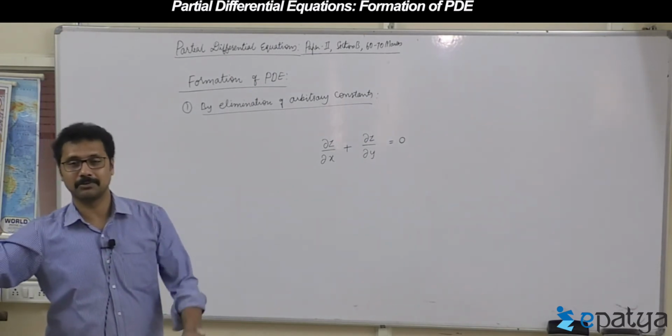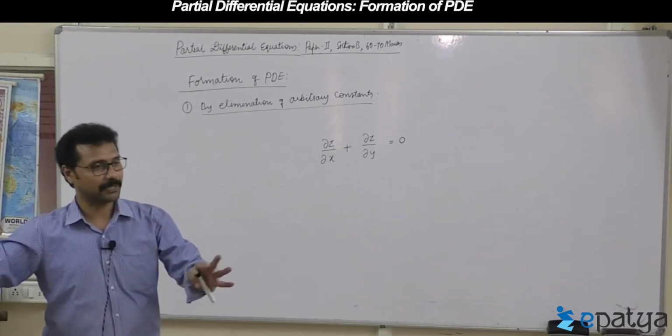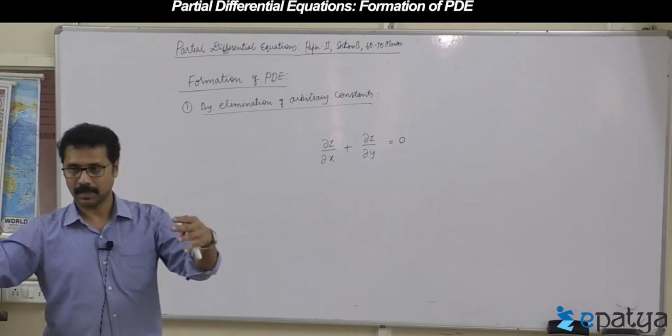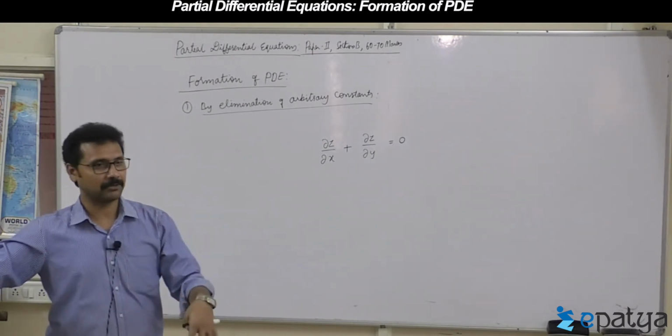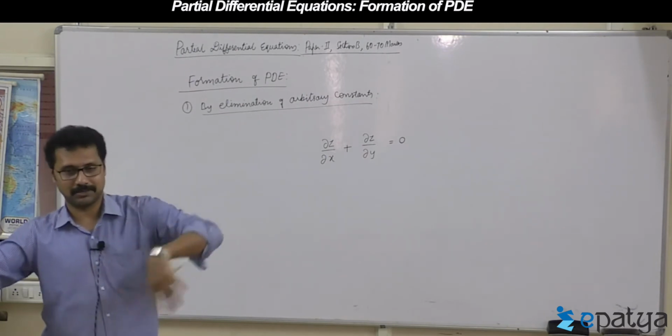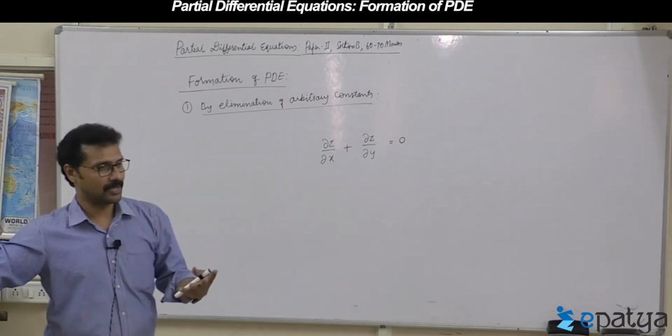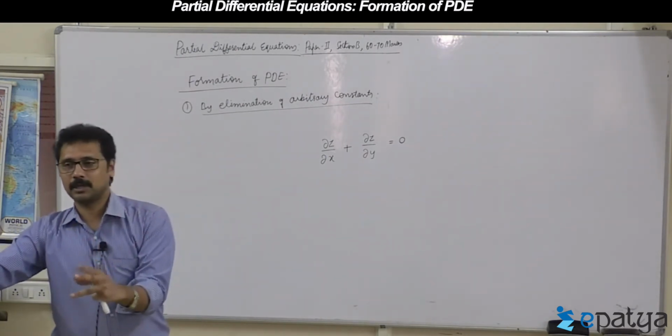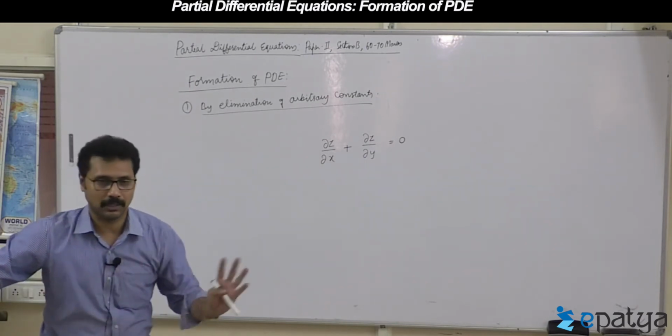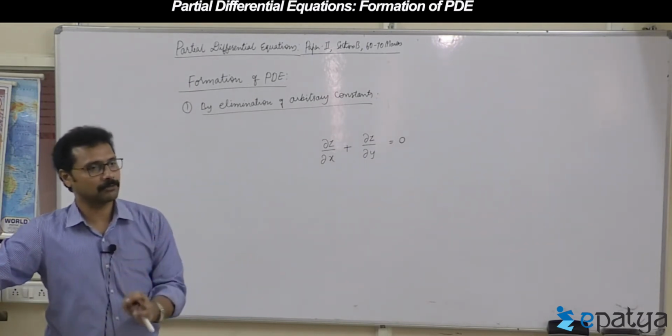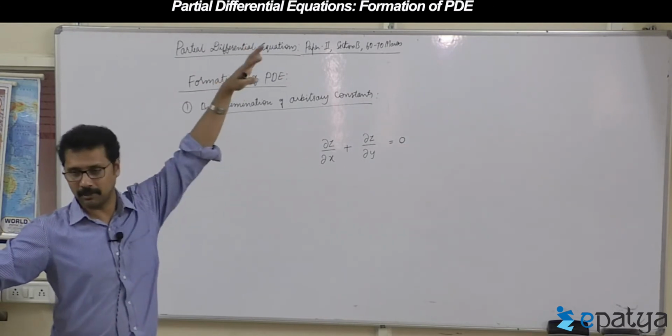Sometimes with respect to r, sometimes with respect to s. Remember the r, s, t's? Sometimes with respect to t, or some other combination of r, s, t. But still, all those differential equations are correct. All of them actually represent the same family of surfaces.